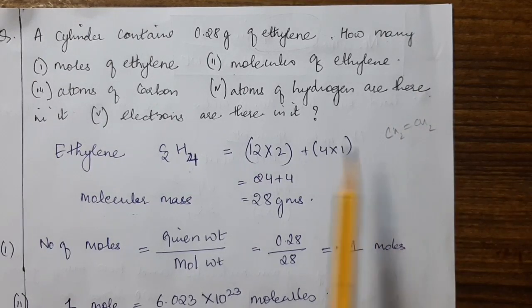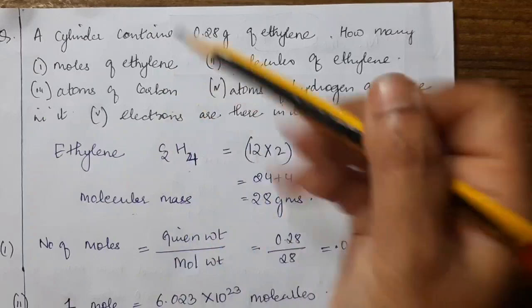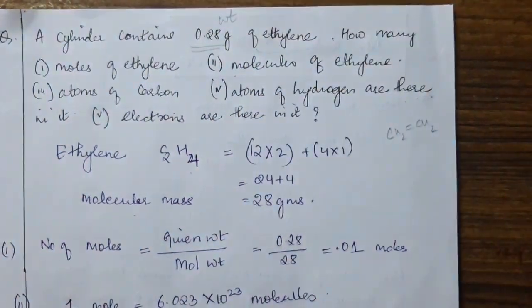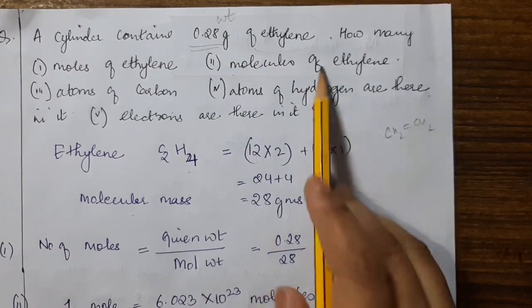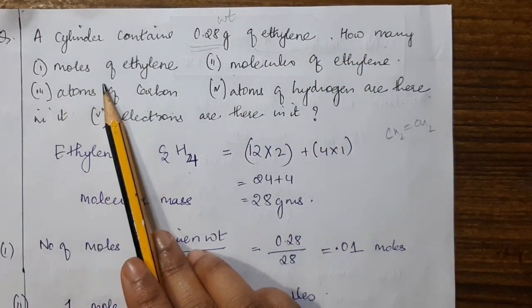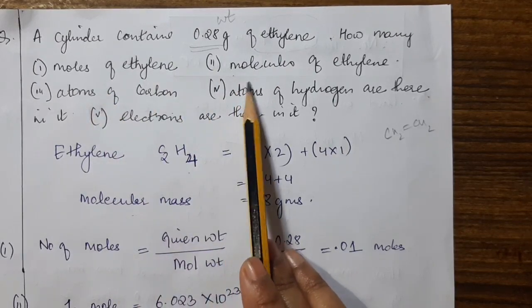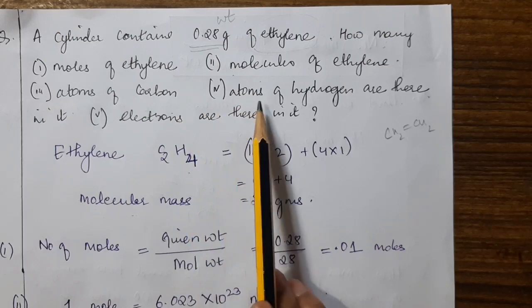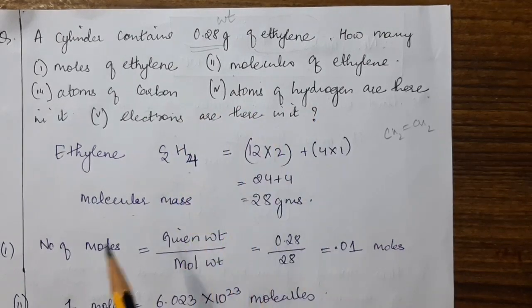Remember, this is ethylene. The weight of ethylene is given. You have to find out how many moles of ethylene there are, how many molecules there are, and how many atoms of carbon, atoms of hydrogen, and electrons are in it.